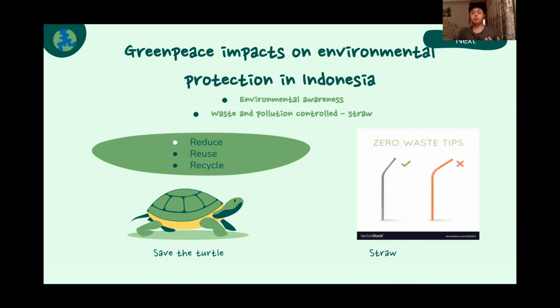And using steel and glass straws is reuse, because every time you use a steel or glass straw to drink coffee, you're going to wash it and use it again, right? That is reuse. And if you're using a paper straw, or the shop is using a paper straw, that is called recycle, because every time you use it you have to throw it away, right?